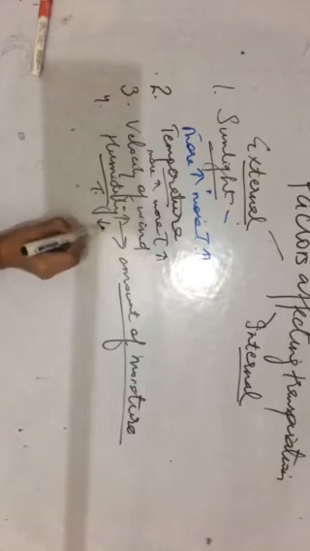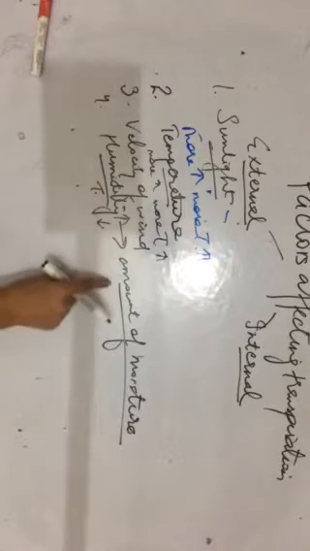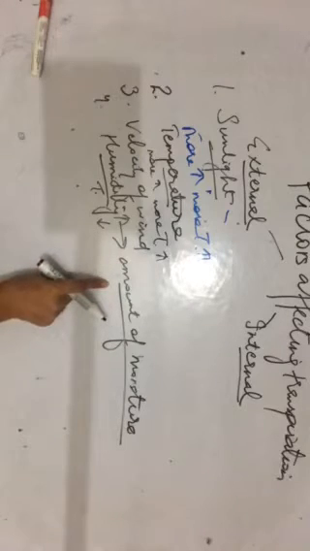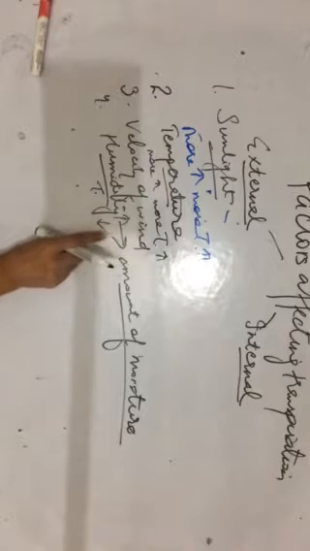So if humidity is more, transpiration will be less, because if water vapors are already much more outside, then the plant will not be able to send other water molecules outside. So more the humidity, lesser will be the transpiration.